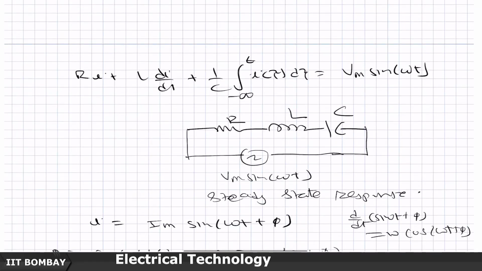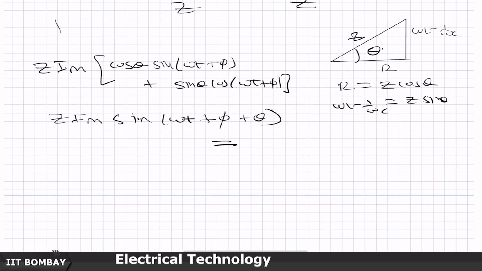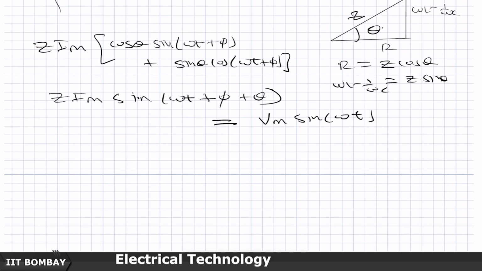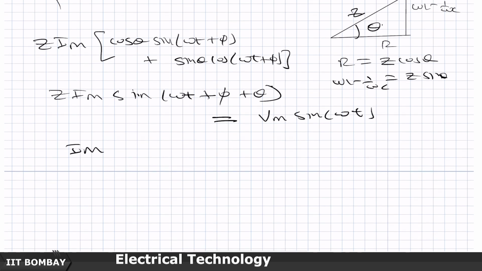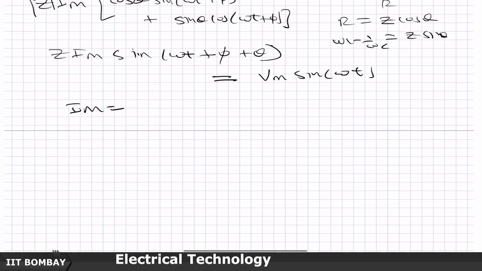What is our right hand side? Vm sine of omega t. So this should be equal to Vm sine of omega t. So therefore Im will be equal to, multiplying and dividing by the magnitude or the length of the vector Z.